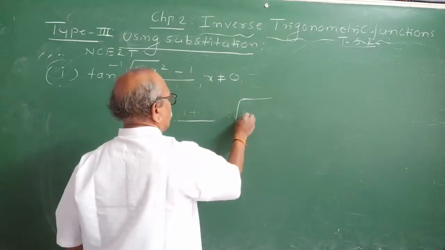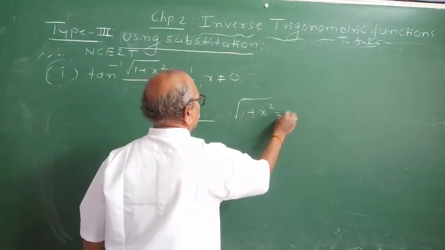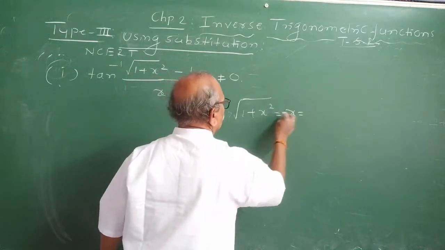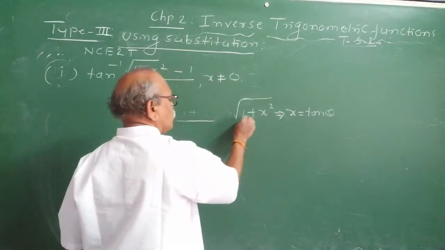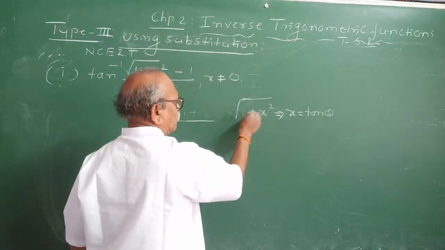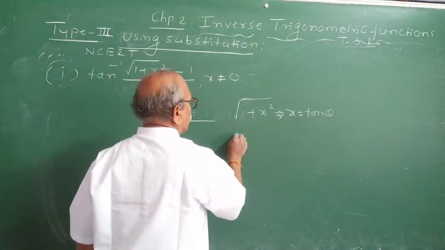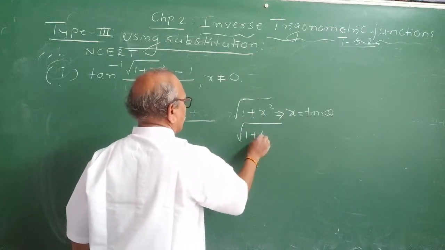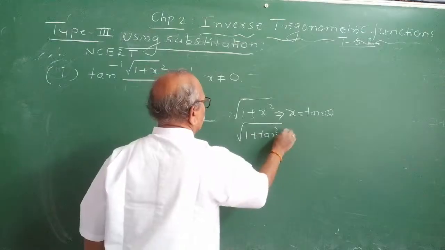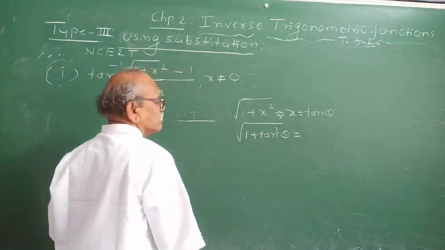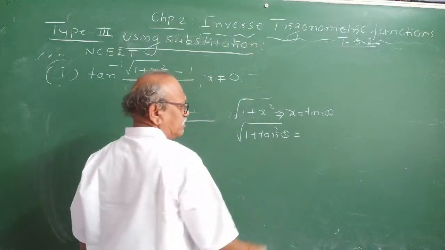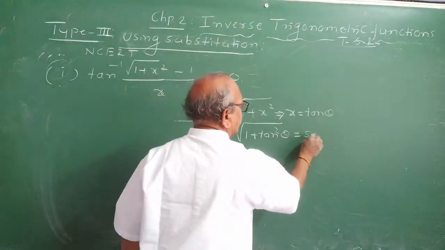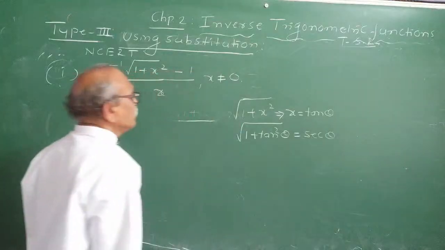That is 1 plus x square. The best substitution is x equals tan theta. Because once you get x equals tan theta, root of 1 plus tan square theta becomes what? Yes, it is sec theta. So you can solve easily.